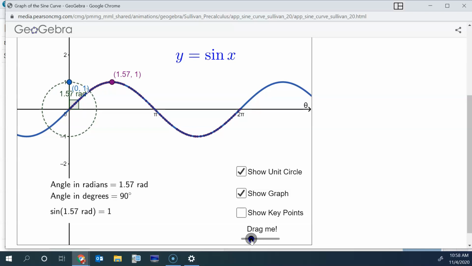Pardon me? 1. It starts at 0. You're looking at the purple y coordinate right there. So when I move the angle up to pi over 2, the y coordinate goes to 1. Now, if I keep going and I move it to pi, what does the y coordinate do?